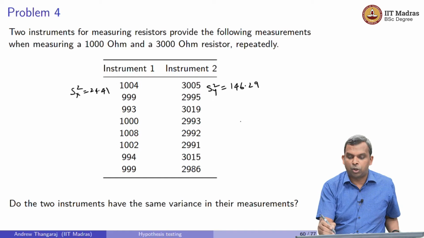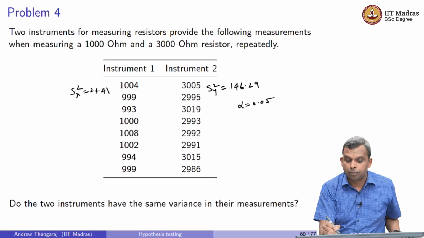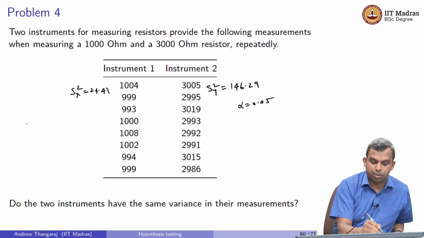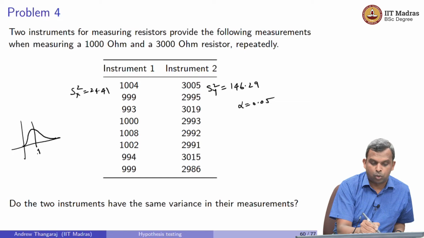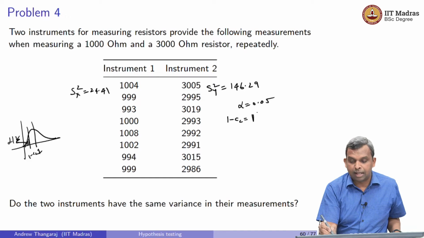If you pick alpha to be 0.05, you remember the picture for the F distribution, right? It has this distribution around 1. I'm going to go 1 minus CL here. This is the area, and this is alpha by 2. So 1 minus CL equals F of 7 comma 7 of 0.05 by 2.